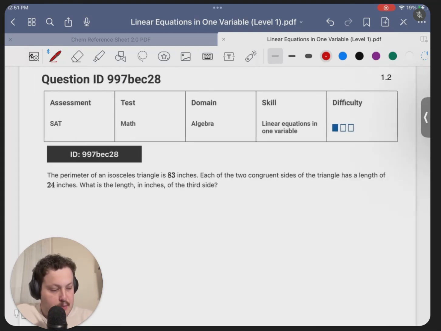Next question. The perimeter of an isosceles triangle is 83 inches. Each of the two congruent sides, you've got to know what that means, that means same length, has a length of 24 inches. What is the length of the third side? So there's 24, 24, x.